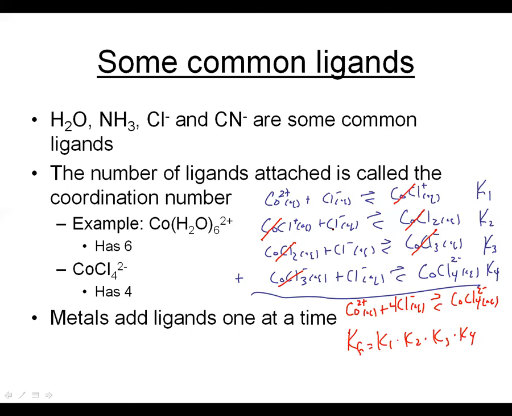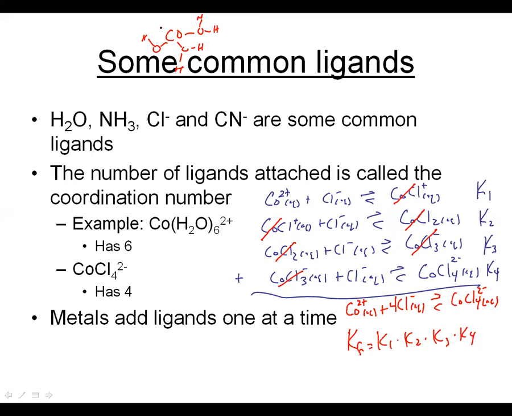Another thing that we sometimes talk about in terms of complex ions is what is known as coordination number. Coordination number is how many atoms are directly bound to the metal. So when we take something like cobalt with our 6 waters attached, it has a coordination number of 6. Essentially, we have our cobalt and directly attached to it are our 6 waters.